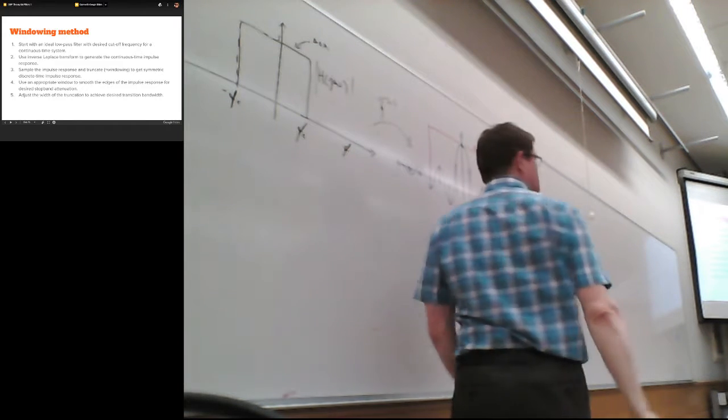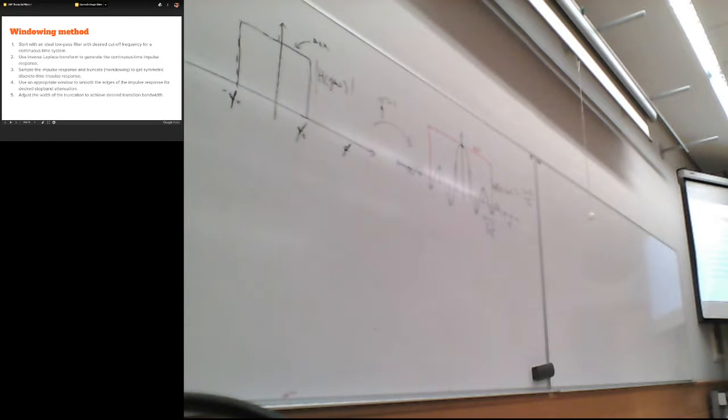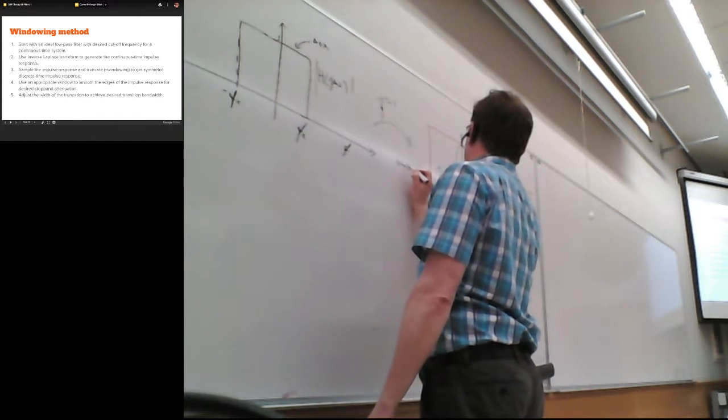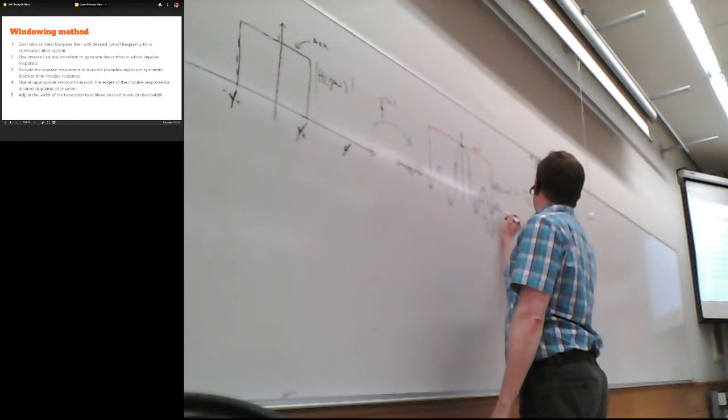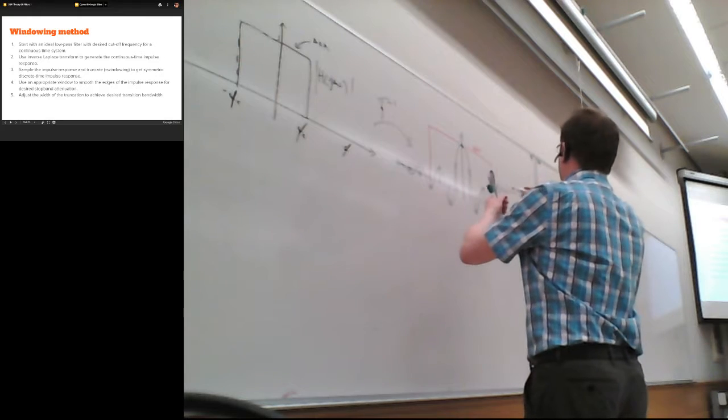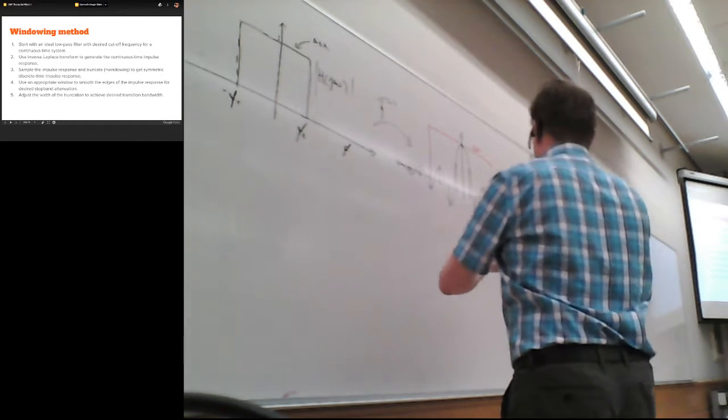Another box. Good. So multiplying with this box will mark this 0, and now we are okay. This is now a finite impulse response system.